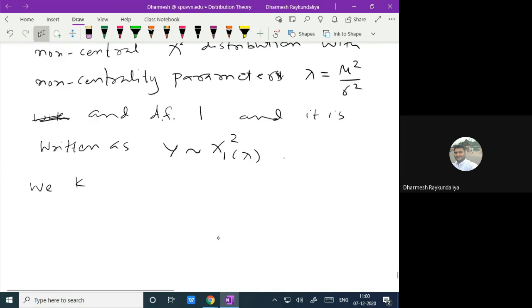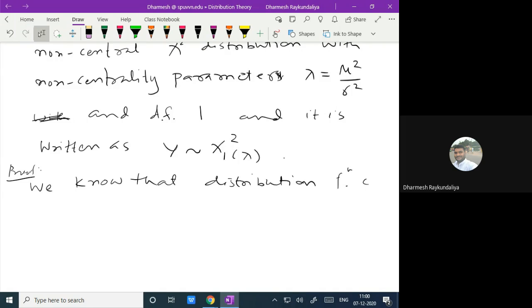We know that the distribution function of y, F of y, is nothing but the probability that Y is less than or equal to y.